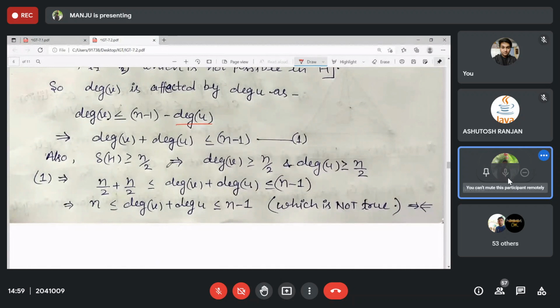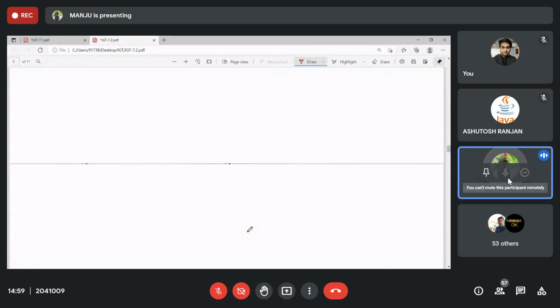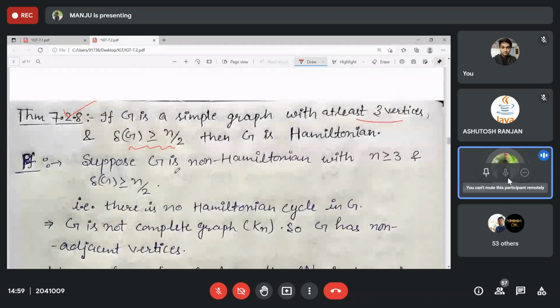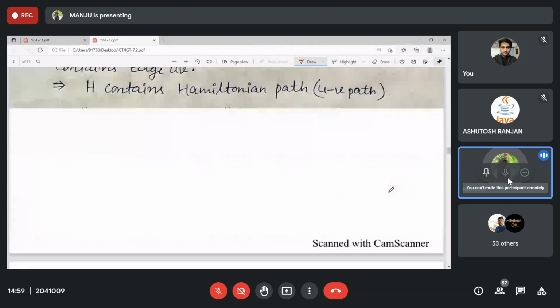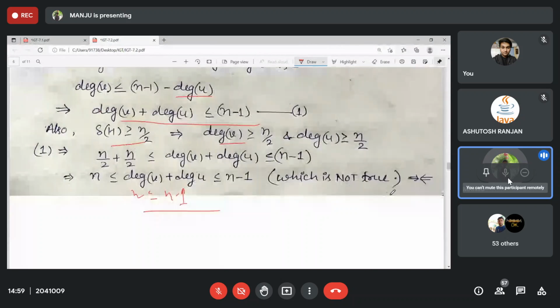From this condition we got this, and this is also given for H. We found n is less than or equal to n minus 1, which is not at all true, right? So we have assumed something wrong: we assumed G is non-Hamiltonian. So this is not the case. G has to be Hamiltonian if this is the condition, with simple and at least 3 vertices. Is that clear?